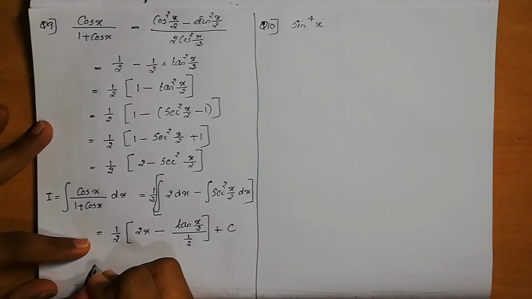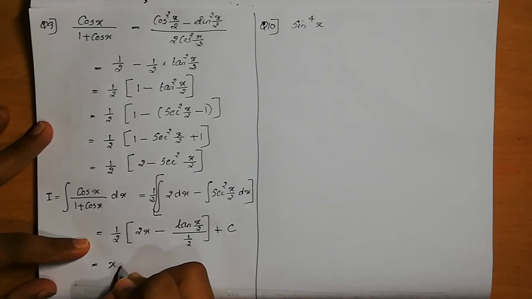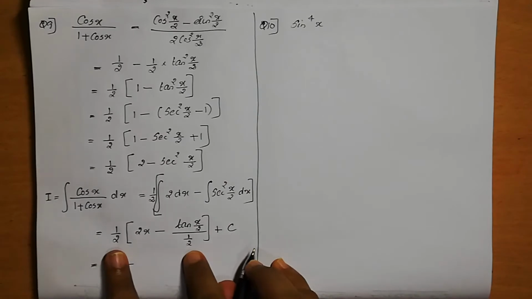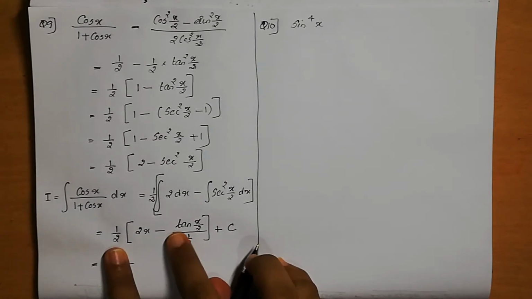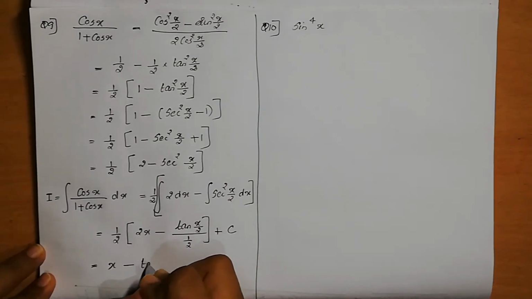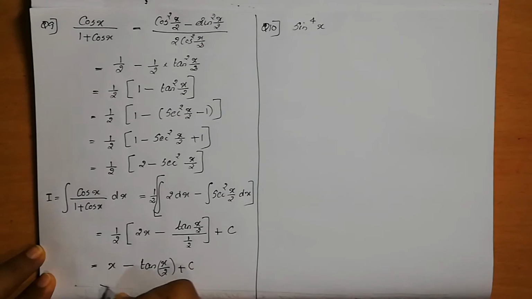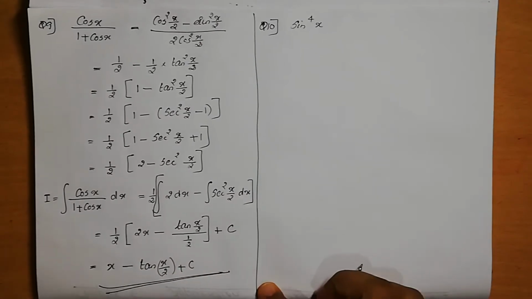Now we can open the bracket with 1 by 2. 1 by 2 into 2 x means 2 and 2 will cancel, x minus 1 by 2 into, because reciprocal, 2 tan x by 2. Again 2 cancel. What we will get: tan x by 2 plus c. This is the integration answer.